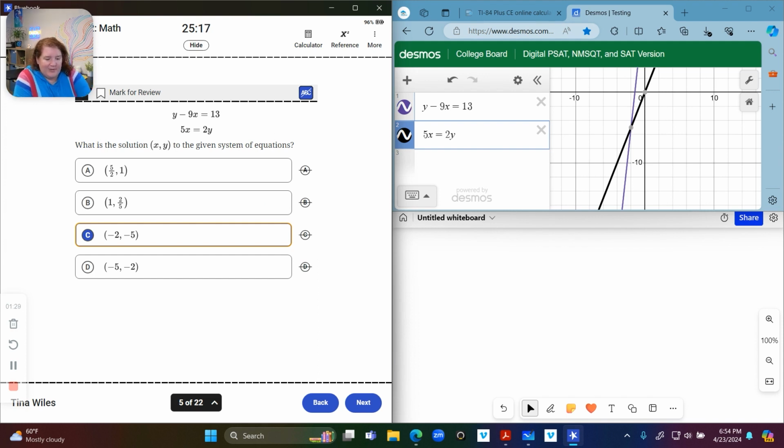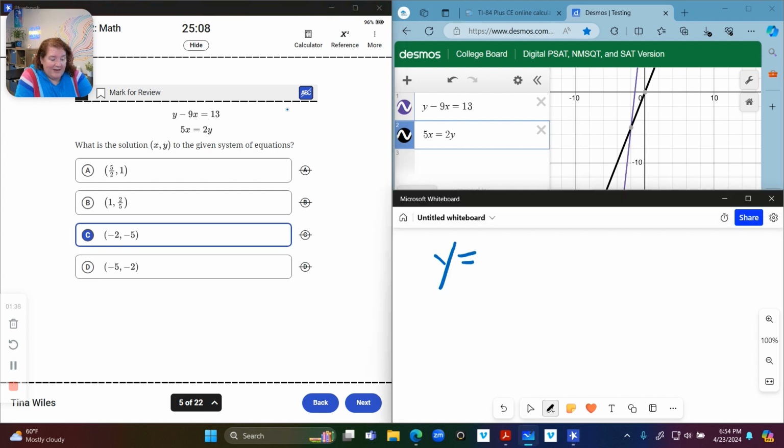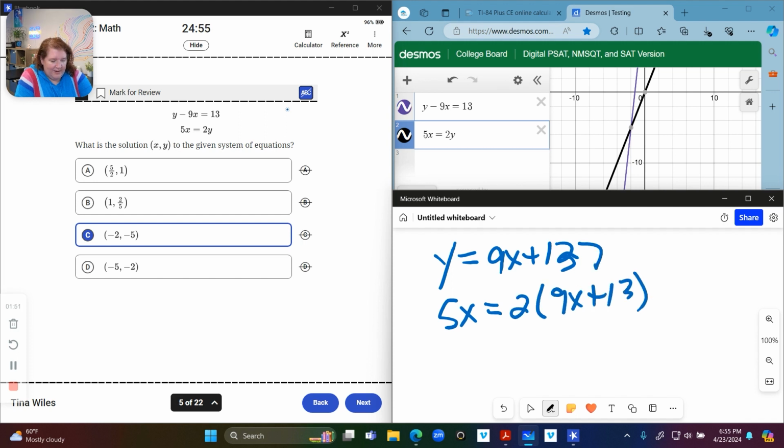What I would do is substitution. I could do y equals 9x plus 13. And then in the second equation, I could substitute for y: 2 times (9x plus 13) equals 5x... 18x plus 26 equals 5x.